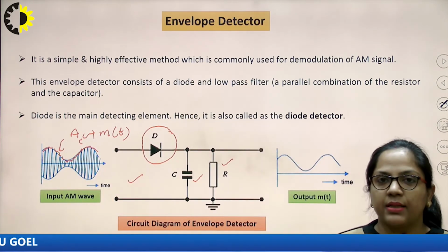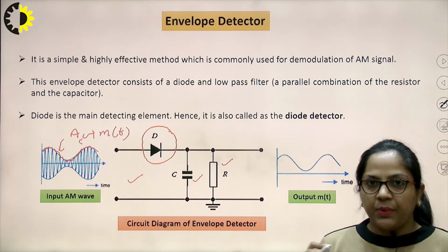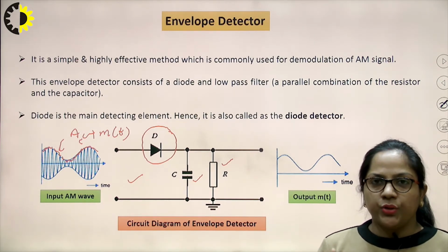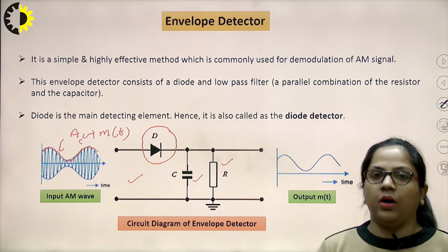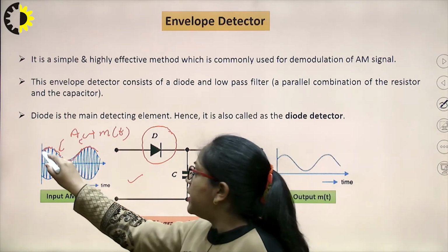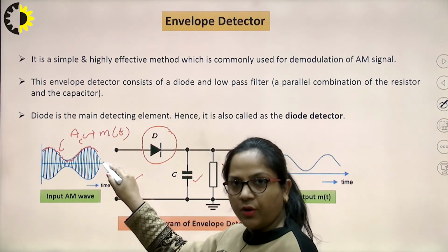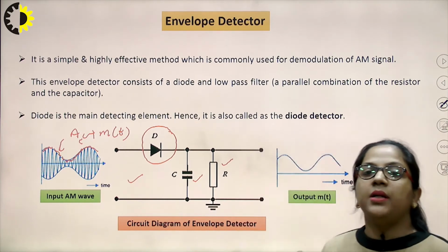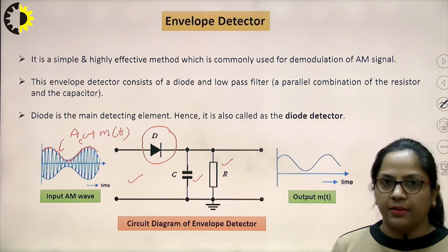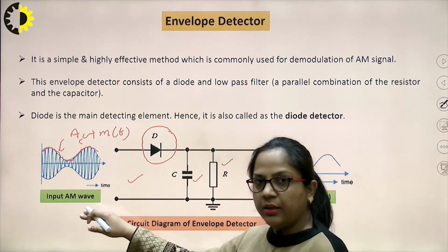What is Ac plus m(t)? As we have discussed in the last lecture also, Ac plus m(t) is called the envelope of the AM waveform. So the shape of this envelope of amplitude modulated waveform is very much similar to the message signal.